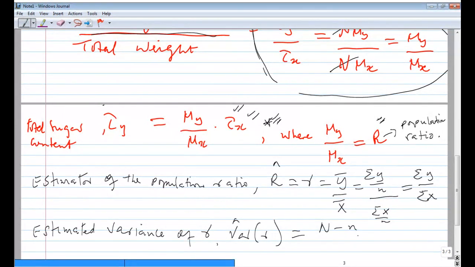It's given by population size minus the sample size divided by the population size, okay, multiplied by 1 over mu x squared. See that one? Then you multiply by s r squared over n.